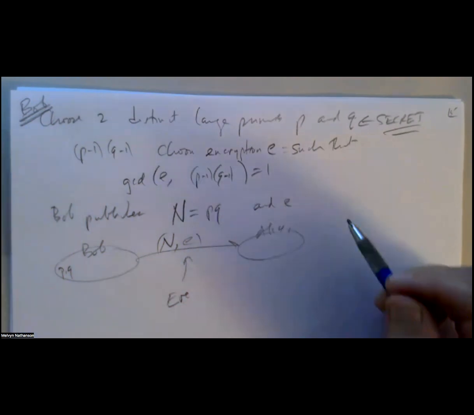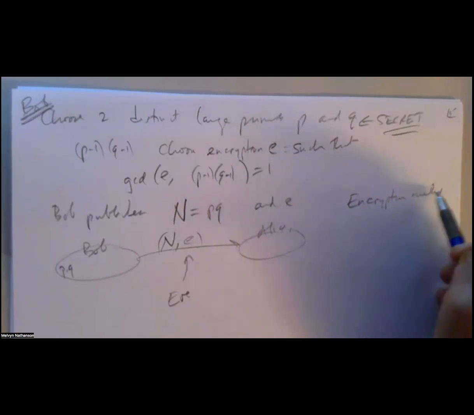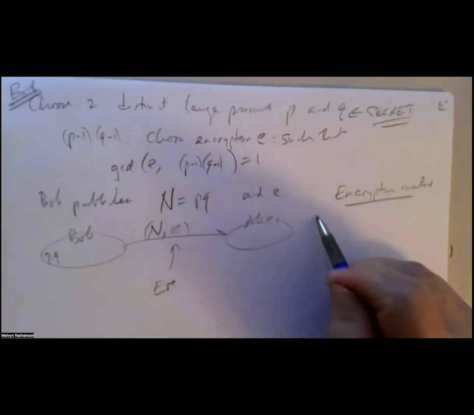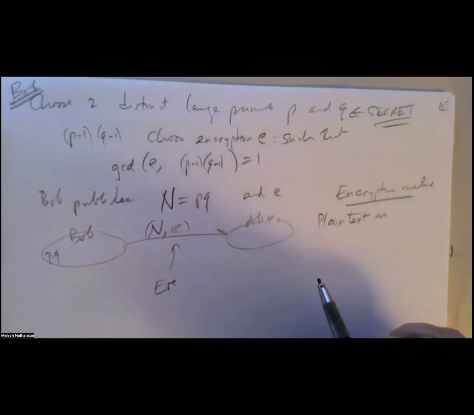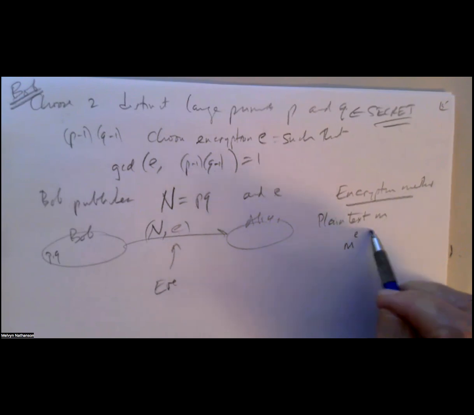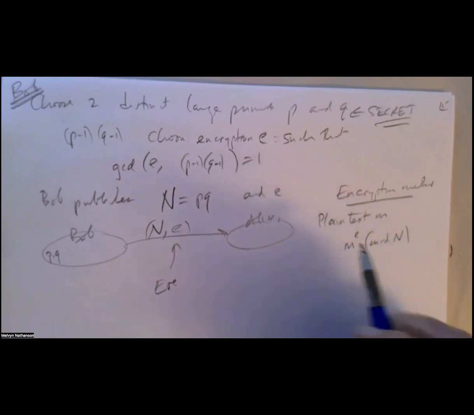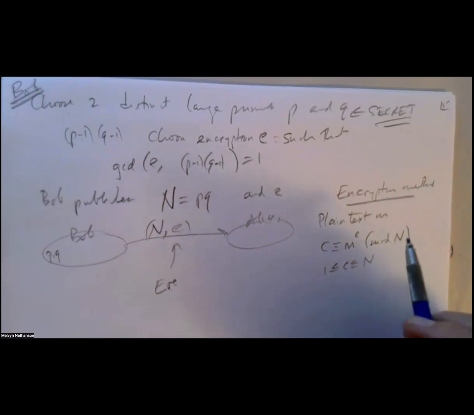And the encryption method: you start with plain text M, and you compute M raised to the power E and reduce it mod N. And that number C, you choose C congruent to M to the E mod N. So C is between 1 and N, certainly.